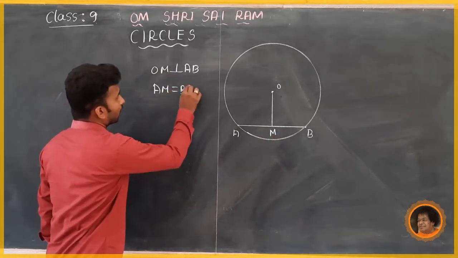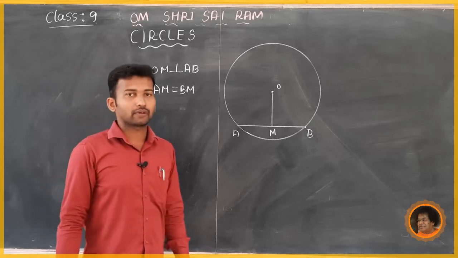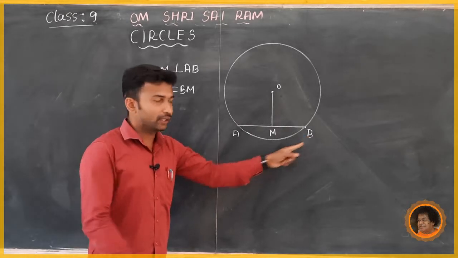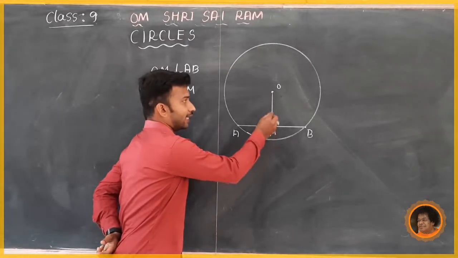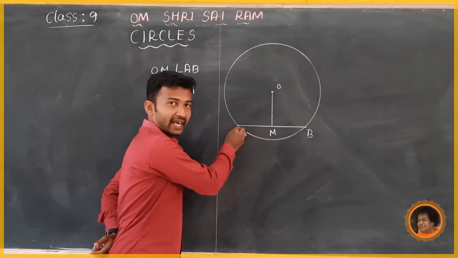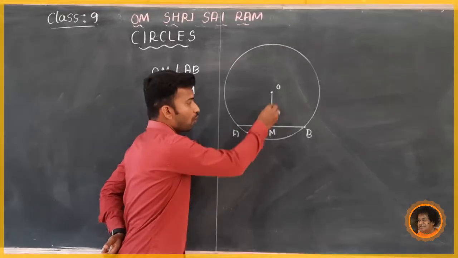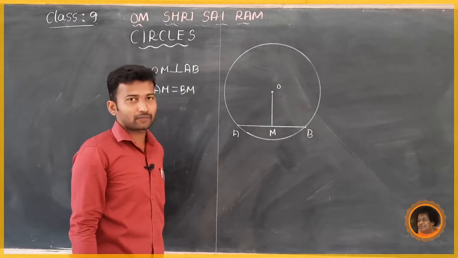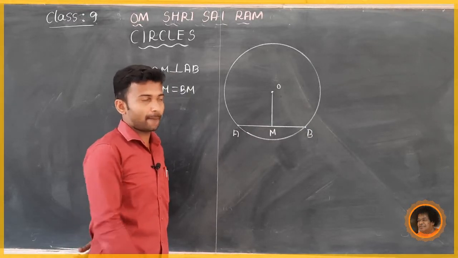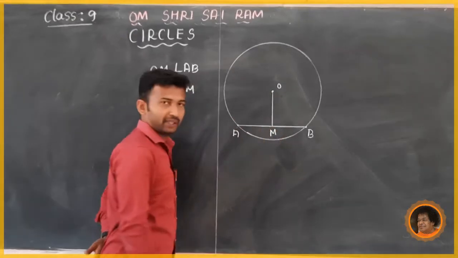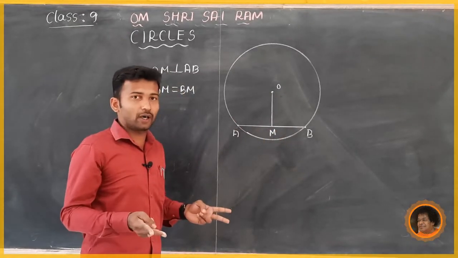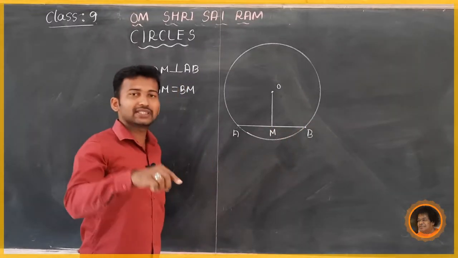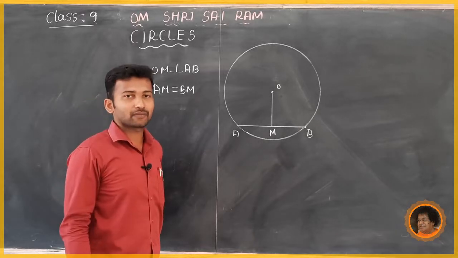If OM is perpendicular to AB, then angle OMA is equal to angle OMB, which is equal to 90 degrees. If OM is perpendicular to AB, it bisects the chord, and at the same time angle OMA is equal to OMB, which is equal to 90 degrees.